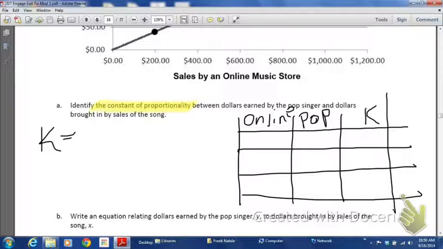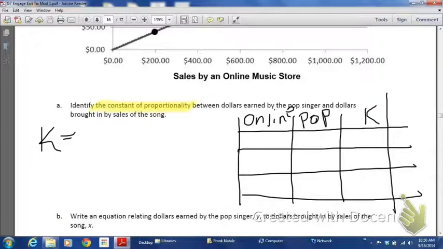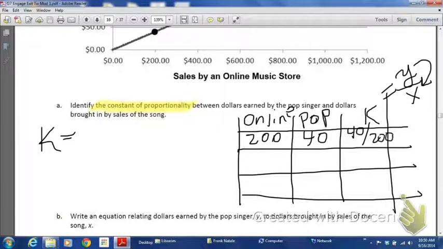If we plotted a few points, for example, we had 200 online, 40 pop. Now our K is Y over X, because it's Y as a function of X, our dependent variable as a function of our independent variable. So in this case, that's 40 over 200, which is the same as 1 over 5.